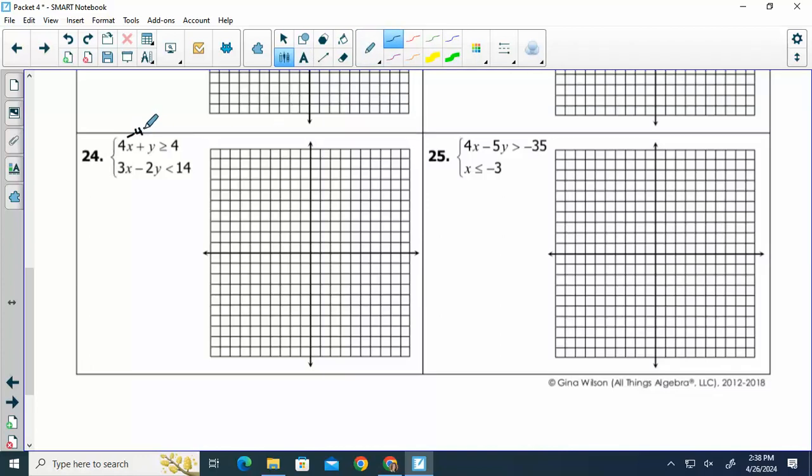Yep, subtract that 4x over. So y is greater than or equal to negative 4x plus 4. We start at 4. Slope is negative 4, so down 4, right 1. Or you could go up 4 and left 1. Would this one be solid or dashed? Why?